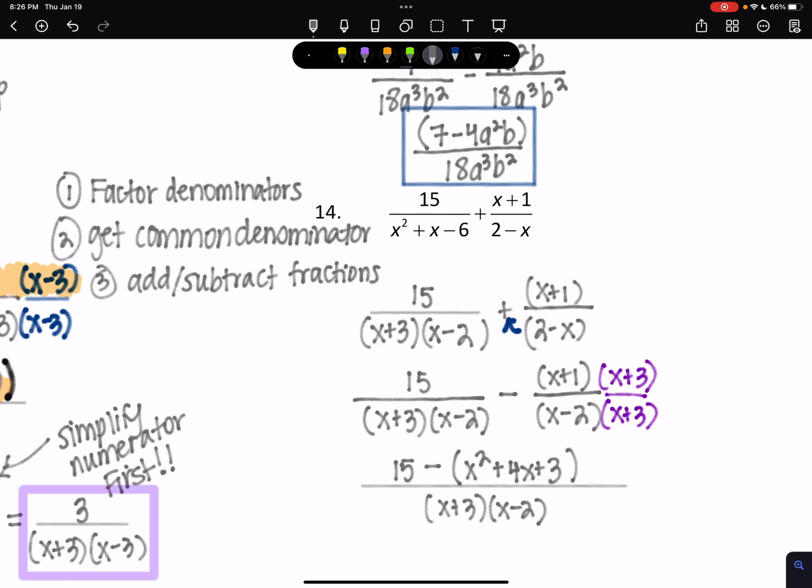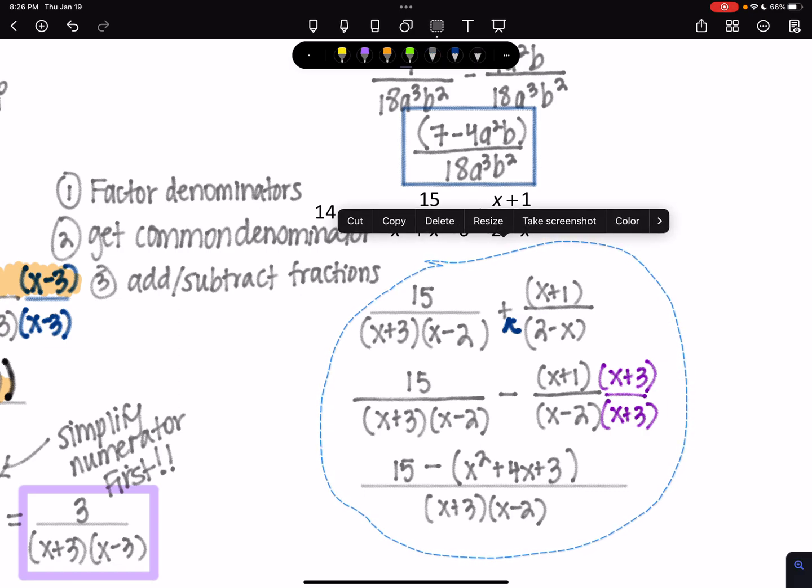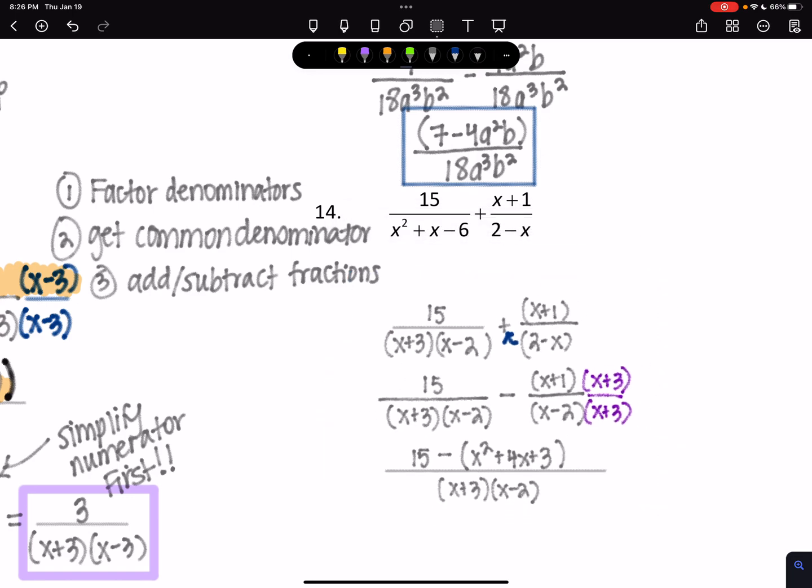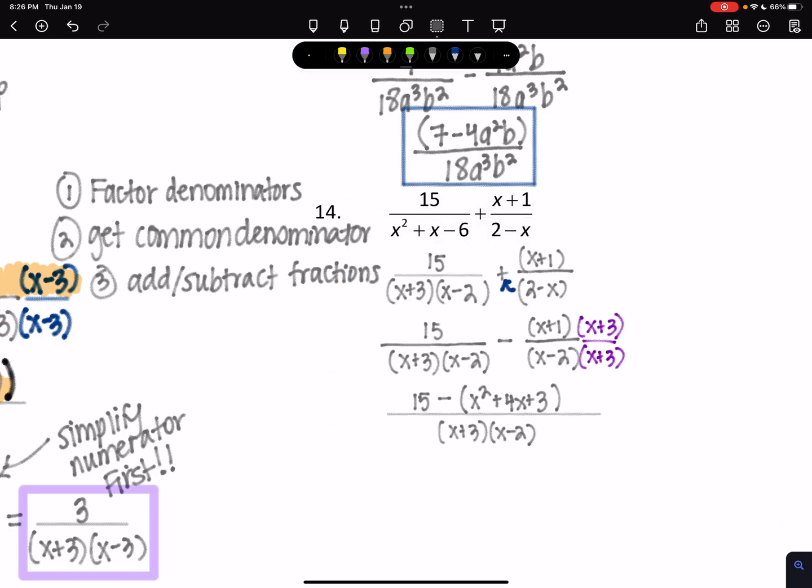I'm going to need a little bit more room here, so I'm going to cheat by resizing my work, scooting it up. And I have 15 minus x squared minus 4x minus 3. And that's going to be negative x squared minus 4x plus 12.